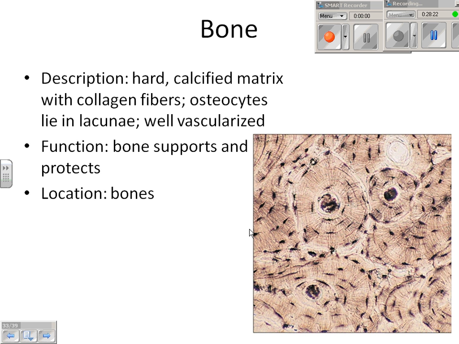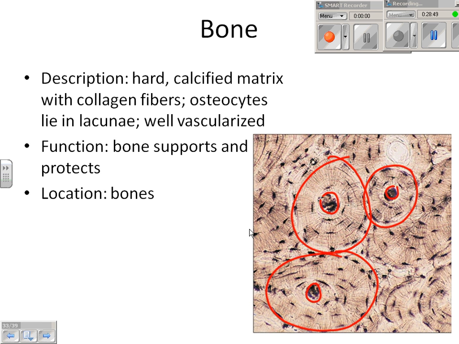Bone is going to be really easy to spot if it's the compact bone, because compact bone has these little patterns called osteons, and I like to call them tree trunks. They look like tree trunks. In the middle of every osteon, you're going to have a little haversian canal that has a blood supply in it. So bone is vascular. It has a blood supply. If you break a bone or hurt a bone, it's going to heal relatively fast because it has a blood supply.